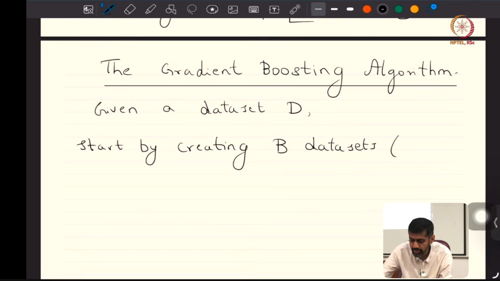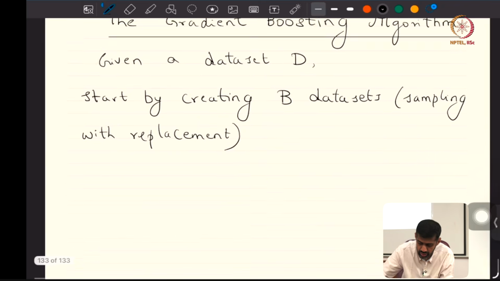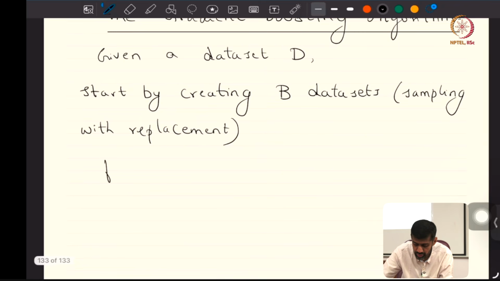So you do a sampling with replacement. Now for small b or m equal to 1 to B, do the following.